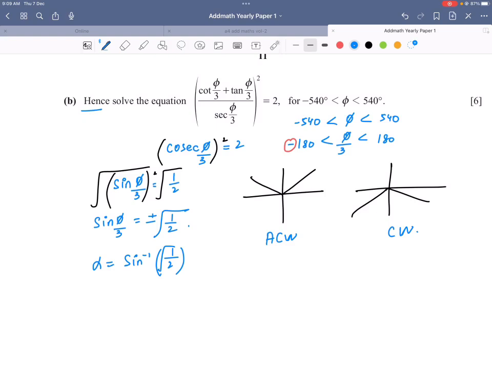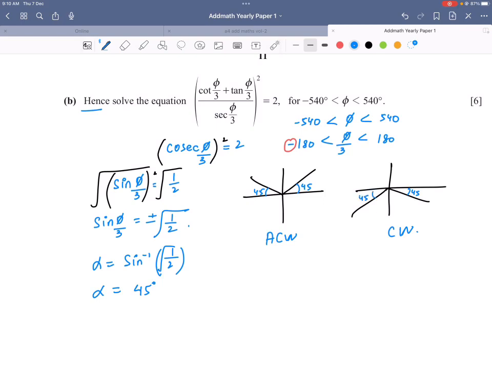Make sure that calculators are in degree mode. 1 divided by the root 2, it's 45. Right? So it's 45 degree, that is your alpha. So if you mark alpha, it will be 45, 45, 45 and 45.